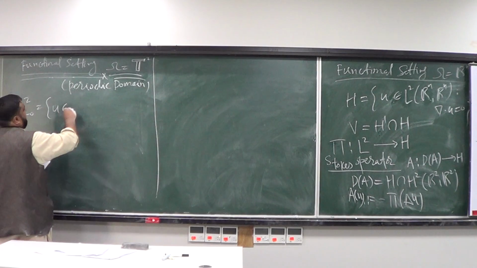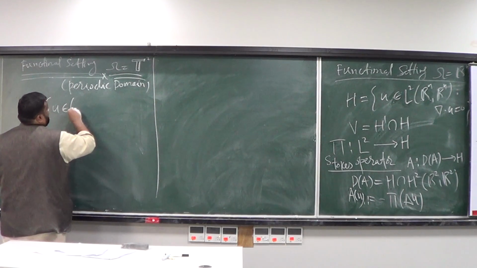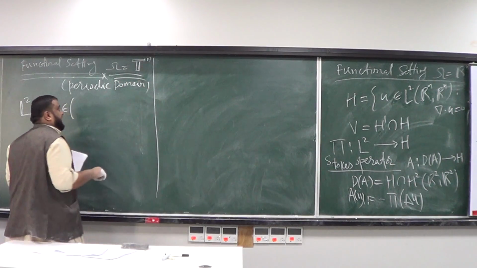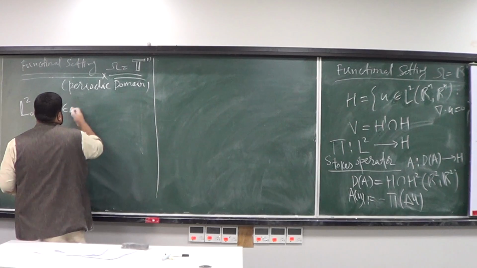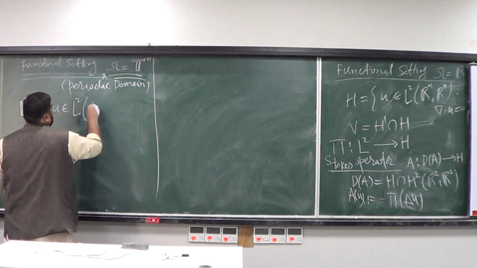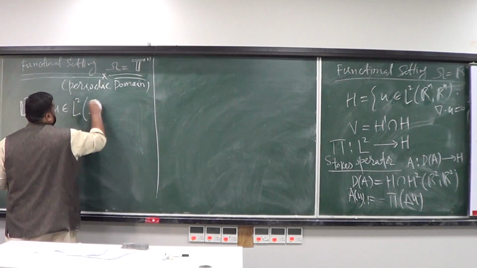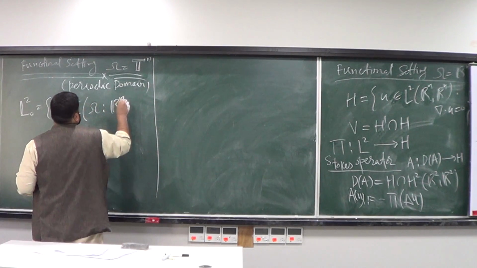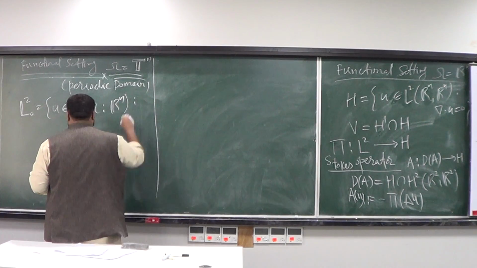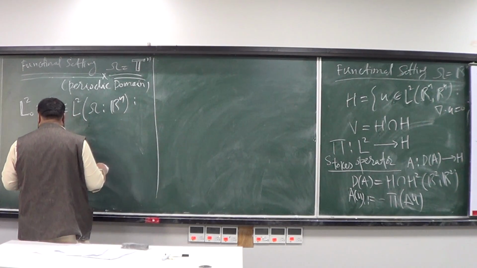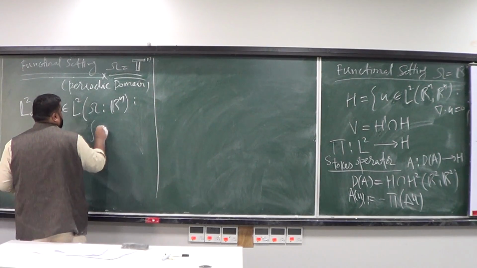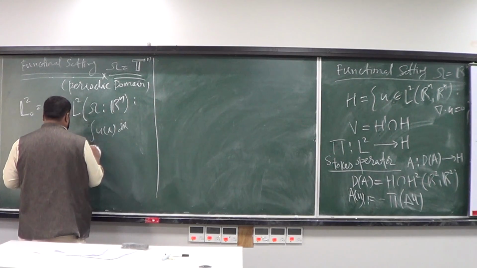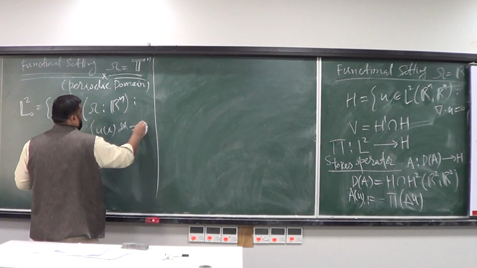This is the collection of u's, by the way this torus can also be in n dimensions, so I can put it Tn, which are square integrable on this periodic domain, with values in Rn, such that the integral of u with respect to dx over the entire domain is equal to 0.